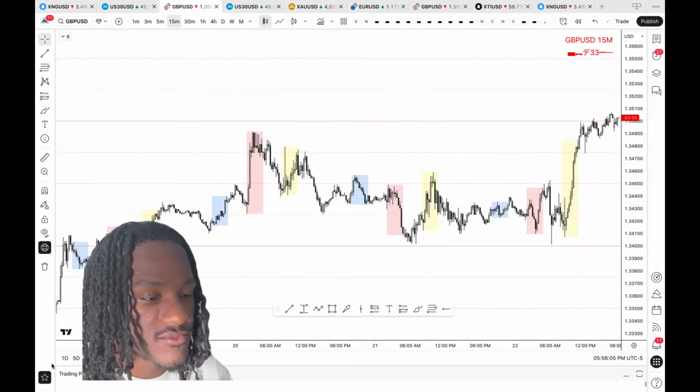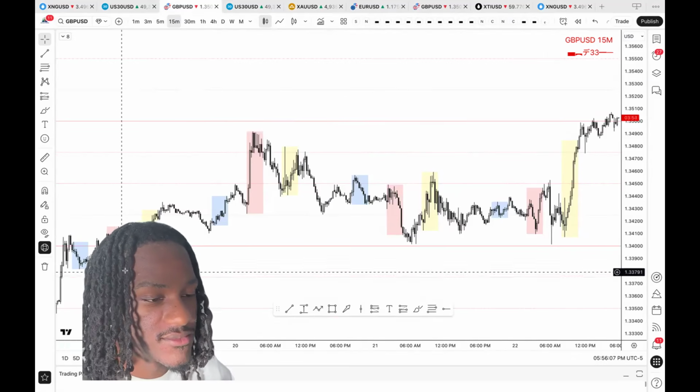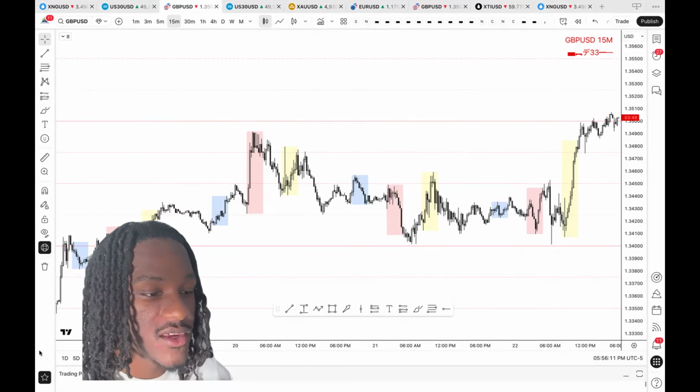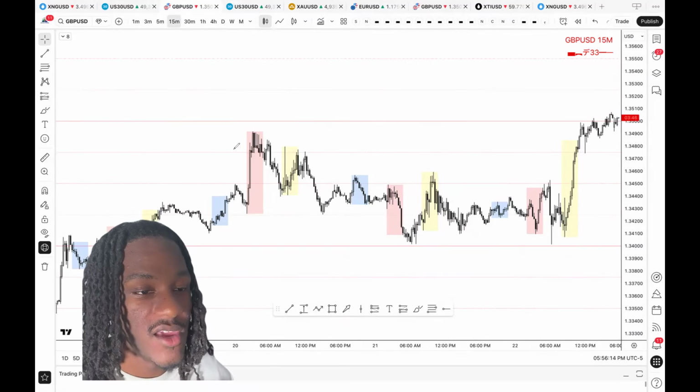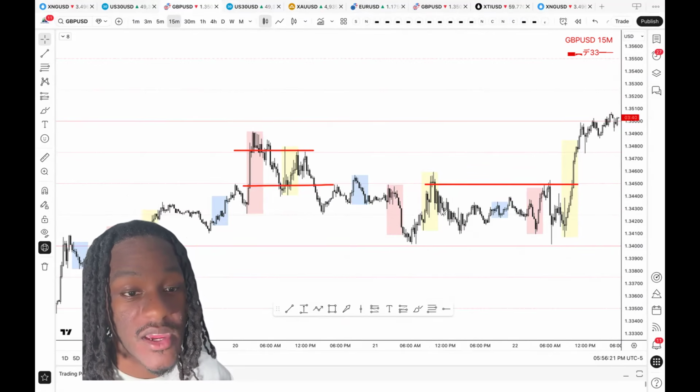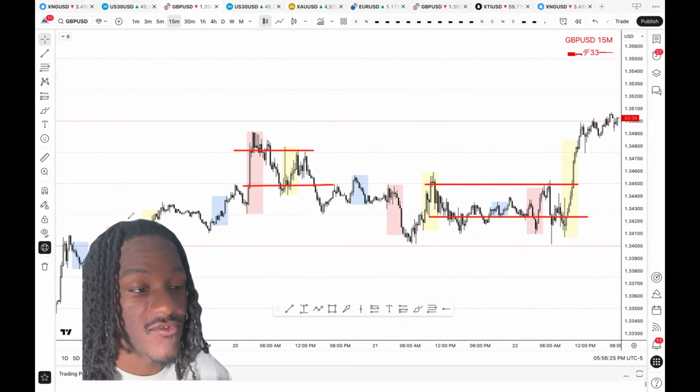Now, this is GU. This is from Monday to Thursday. But I just want to show this, how they gave us sell high opportunities above 50. They gave buy low opportunities below 50 at 25.